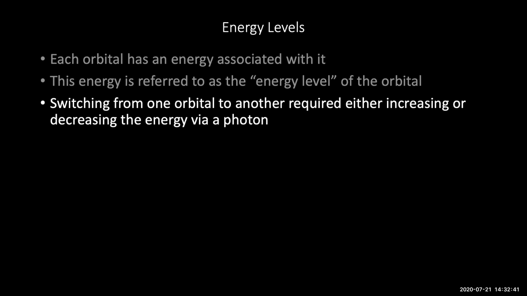If an electron finds itself in a very high orbital level, it will spontaneously drop to a lower one, and in doing so, it'll emit a photon of the corresponding frequency. If an electron is hit by a photon with a specific frequency, it will spontaneously jump into a higher energy level.